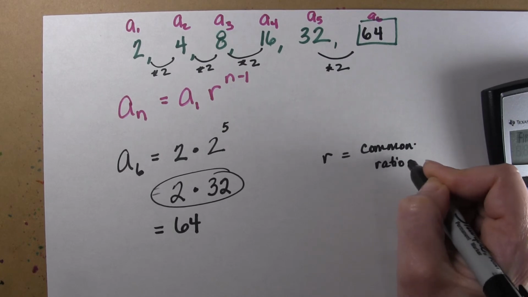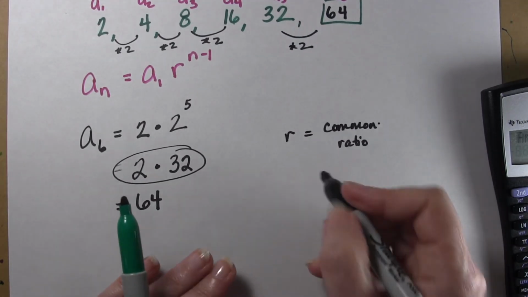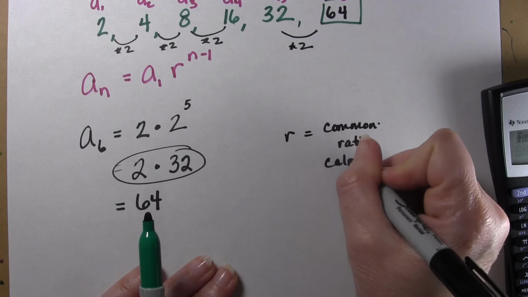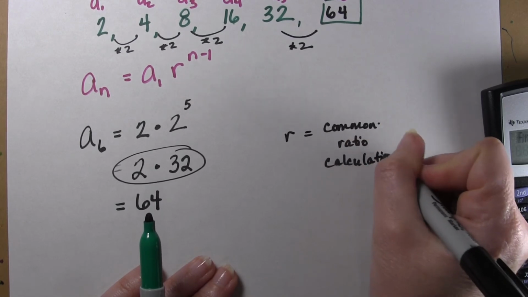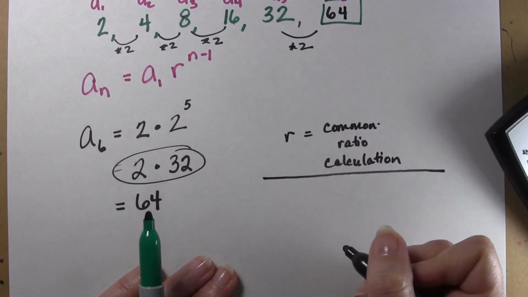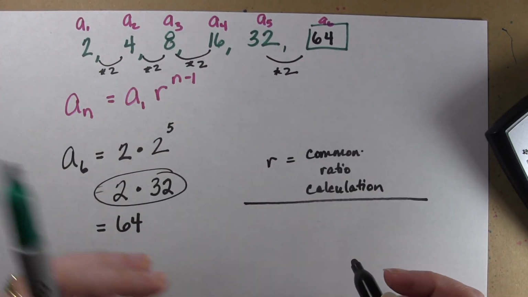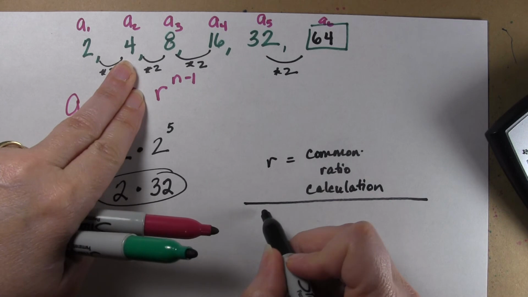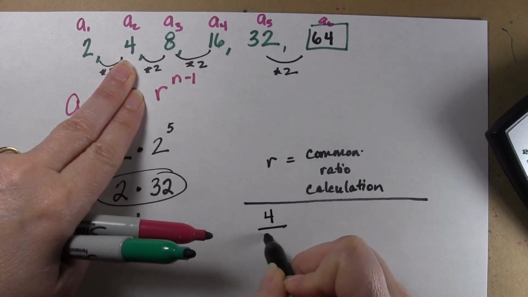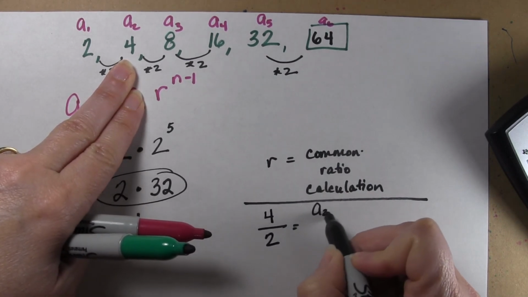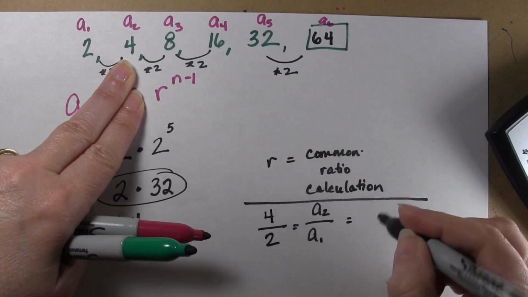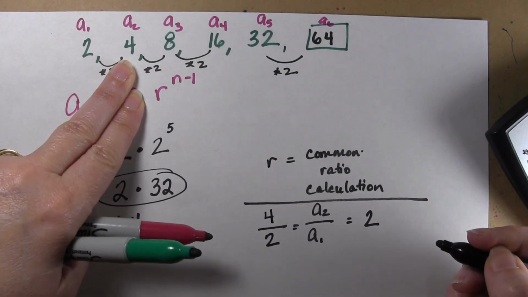Now, let's talk about calculating the common ratio. The best way to do this is to pick two numbers that are next to each other and divide them. So I could do 4 divided by 2. That's really a sub 2 divided by a sub 1, by the way, and that would give me 2.